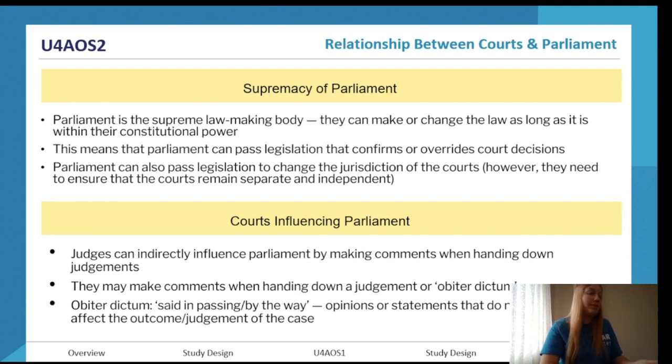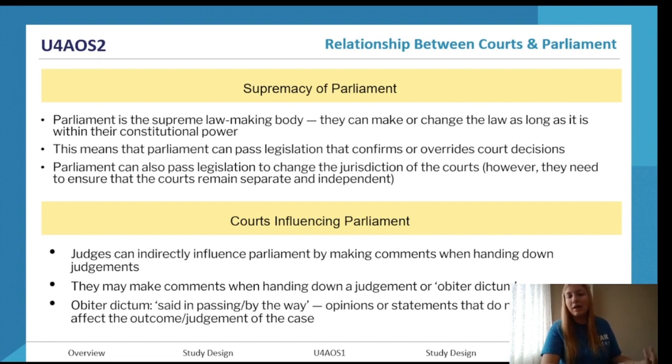They can also even pass legislation to change the jurisdiction of the courts. As long as they stick to what's in the Constitution, that courts have to be separate and independent, they can still change their jurisdiction, though. So these are all the ways in which they can influence the courts in a negative way, limiting their powers.